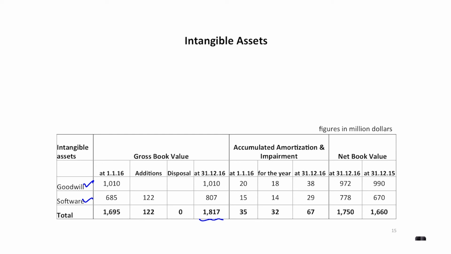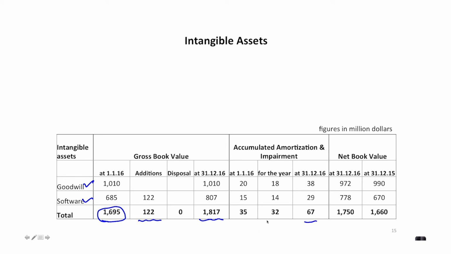As in property, plant and equipment, we have started with $1,695 million. During the year, added another $122 million of software, and at the end of the year, we have $1,817 million of intangible assets. Like depreciation, we have amortization and impairment loss as part of the intangible assets.